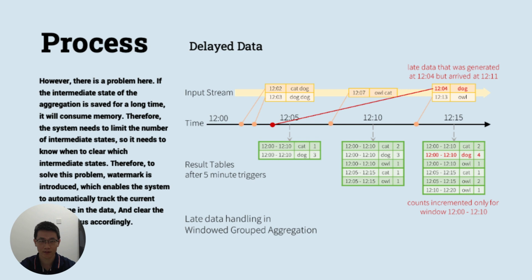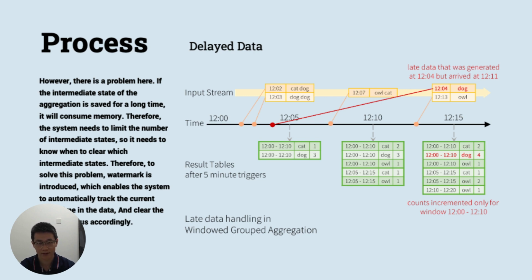Since that is a delayed record, it also falls into the window 12:00 to 12:10, thus the counts are updated. This example illustrated how a sliding window aggregation works on a stream. However, it doesn't cover aspects like data latency, state eviction, and output mechanism, which we will explore later.